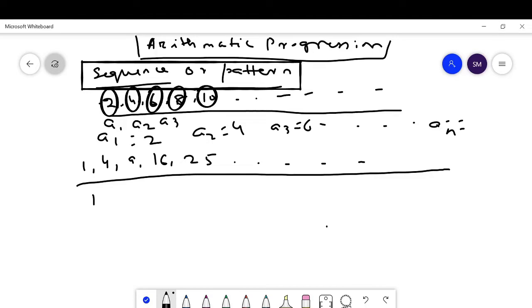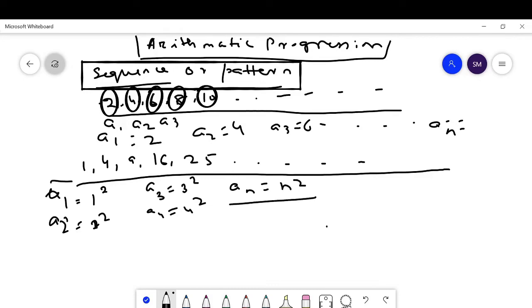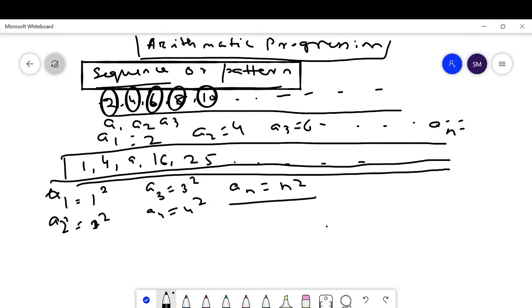Here A1 is 1 square, A2 is 2 square, A3 is 3 square, A4 is 4 square. In this way the nth number is n square. This is a sequence of numbers following a certain rule.